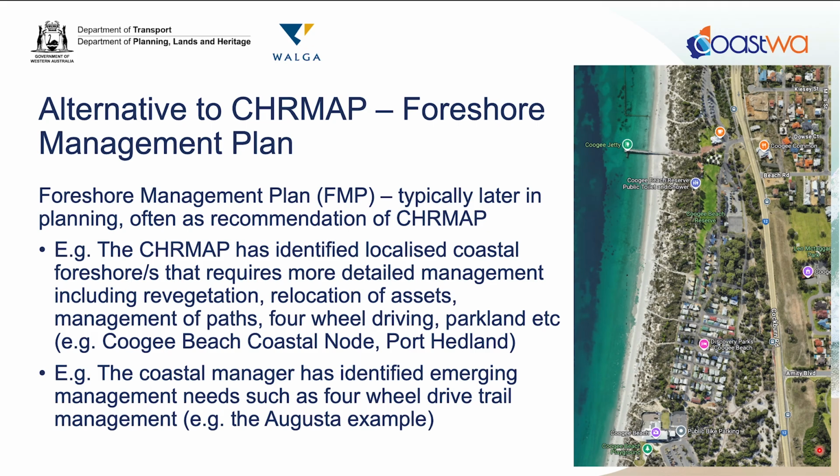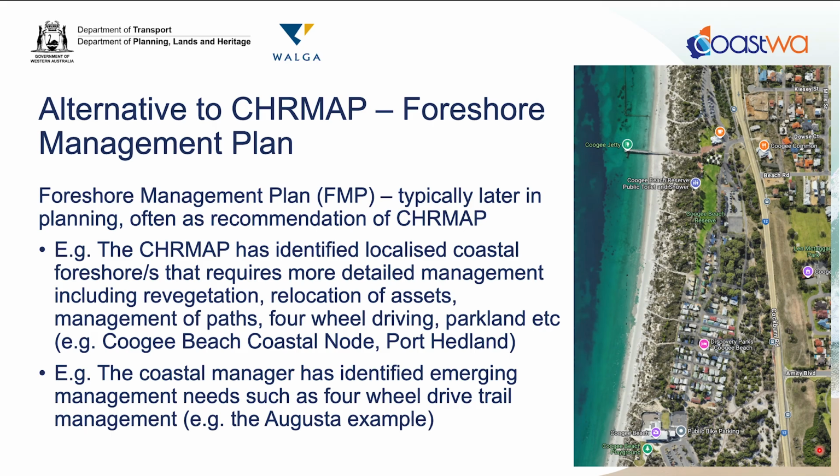It's just now that we have coastal adaptation planning, we are much more capable of introducing those constraints as well. Great example, CHRMAP has identified localised coastal foreshore that requires more detailed management, so a coastal node. And that includes things like revegetation, relocation of older assets, the management of paths and four-wheel driving and parkland, etc.